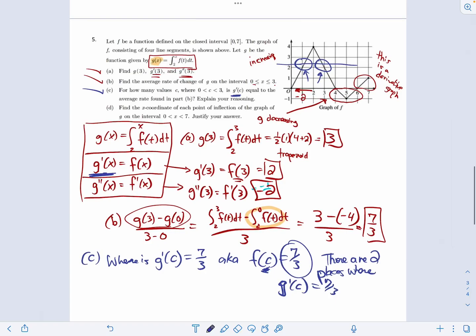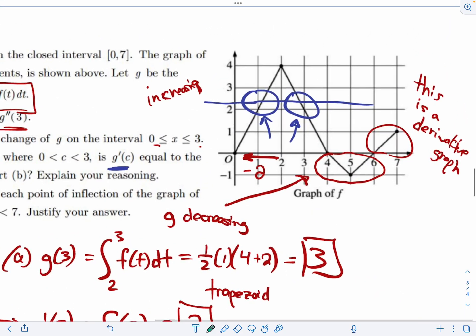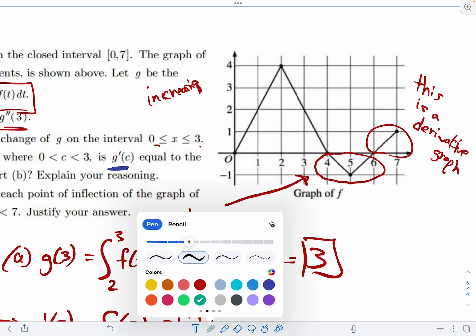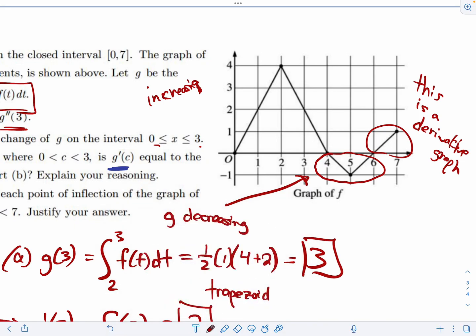Okay, wow. It's part D, we're almost there. Going to change colors here, and we go to find the x-coordinate of each point of inflection on the graph of the interval. Okay, so I'm going to zoom in on this function again, and I've erased some of them, but I'm going to put them back in there because there were places where G was increasing and places where G was decreasing. We look to the first derivative, which is this graph, and see if it's above the x-axis.